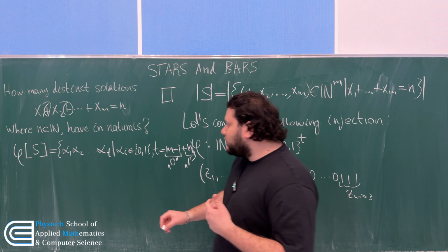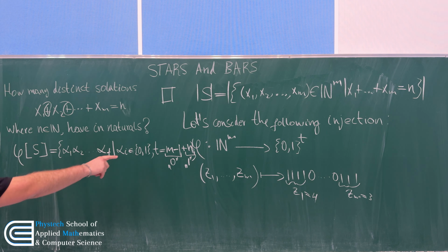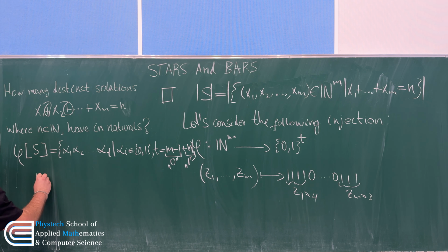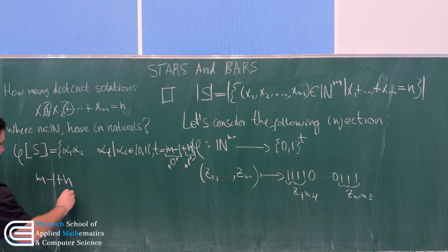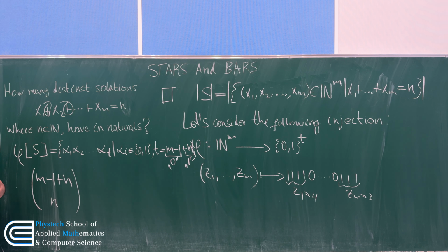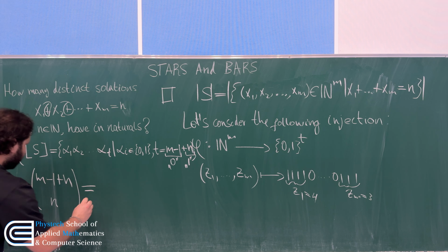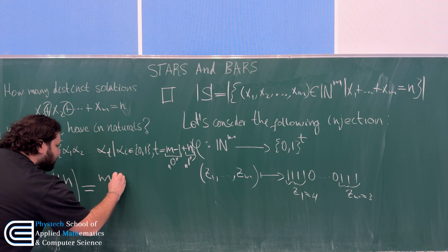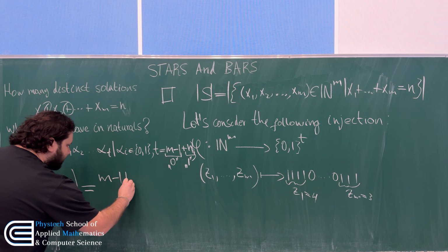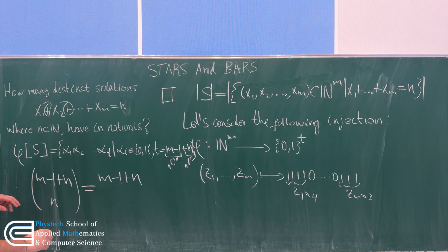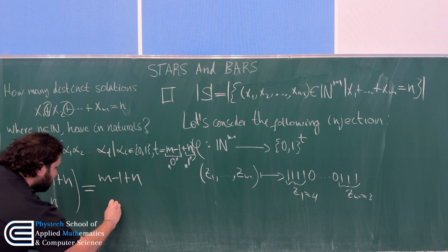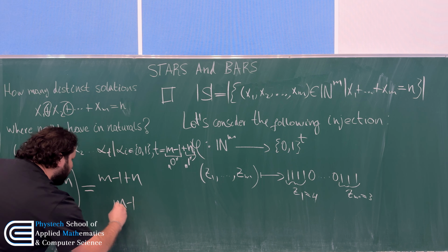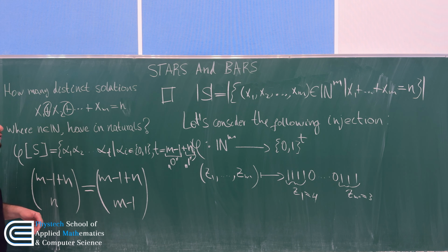And we know that this is just going to be n minus 1 plus n, choose n, when we are looking for the spots for 1, and this is going to be equal to n minus 1 plus n, choose n minus 1, when we are choosing the spots for 0.